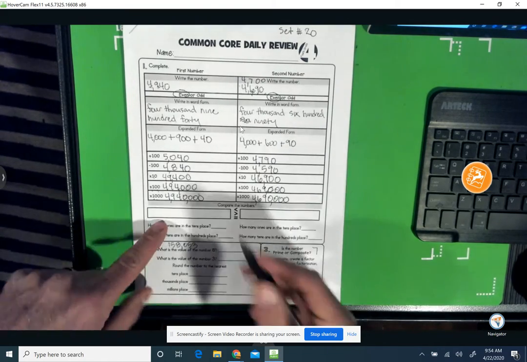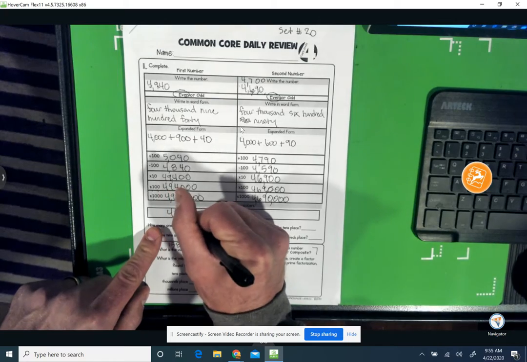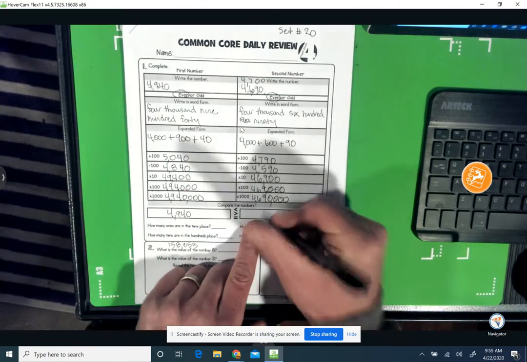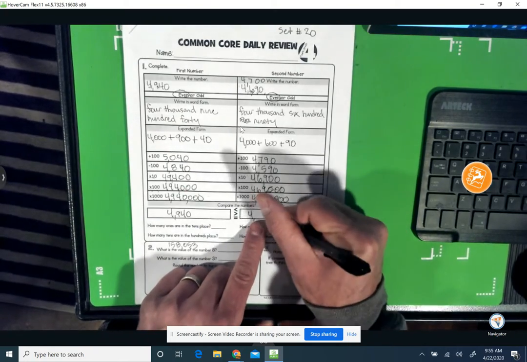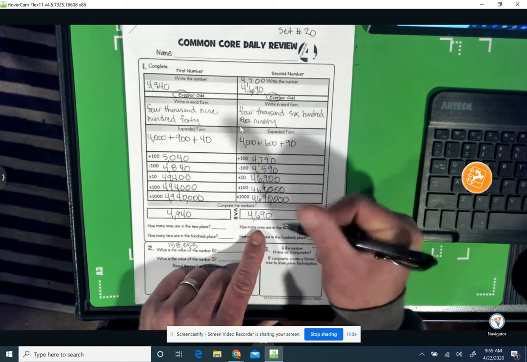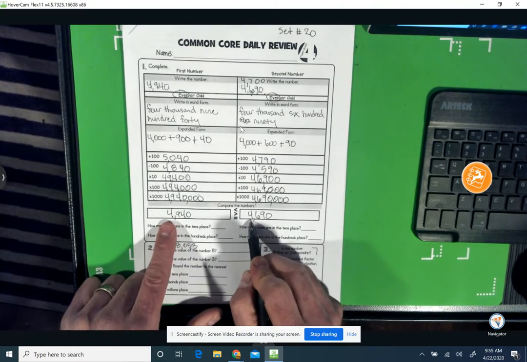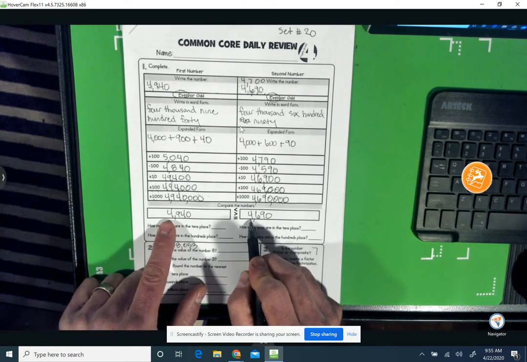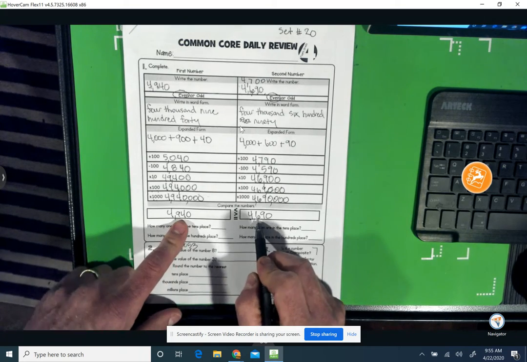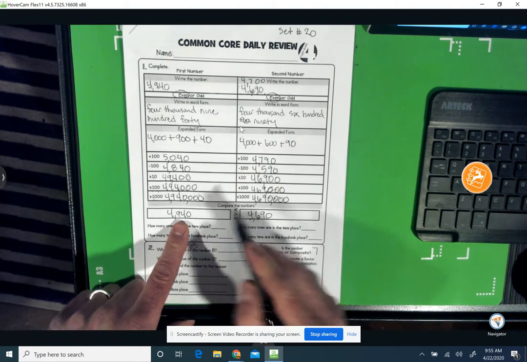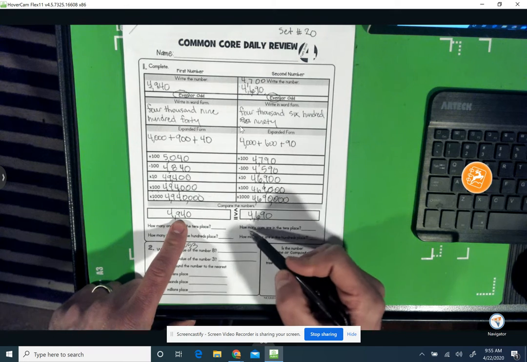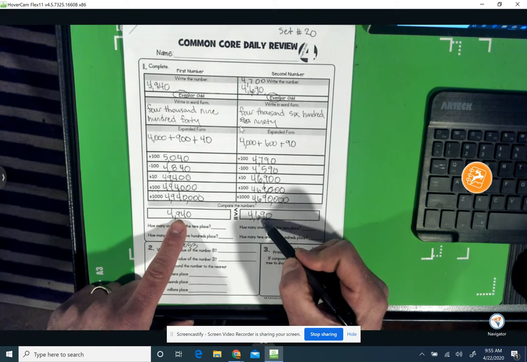All right, now we can compare the numbers. 4,940 and 4,690. We cannot use the thousands place to compare these numbers. They are the same digit. However, if you move 1 digit over, you can see that you have a 9 in the hundreds place and you have a 6 in the hundreds place.